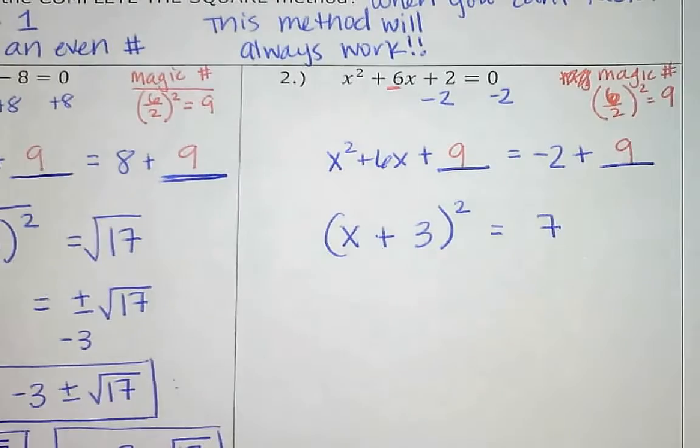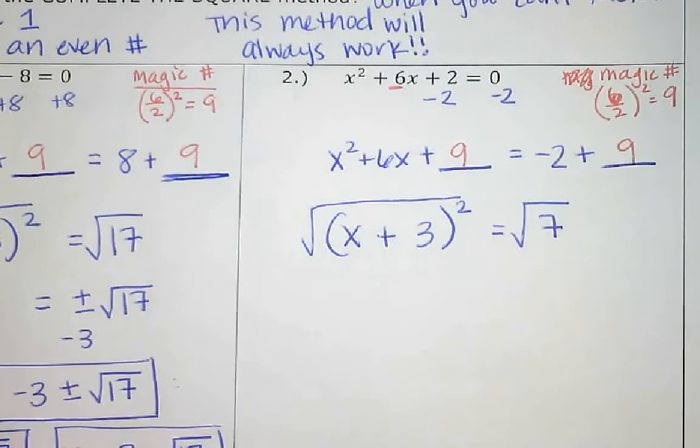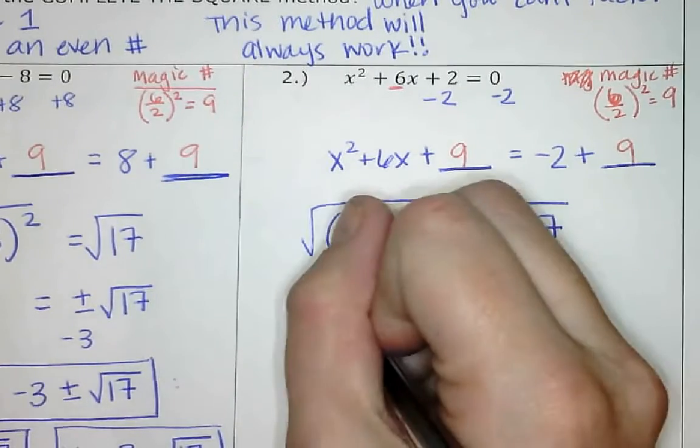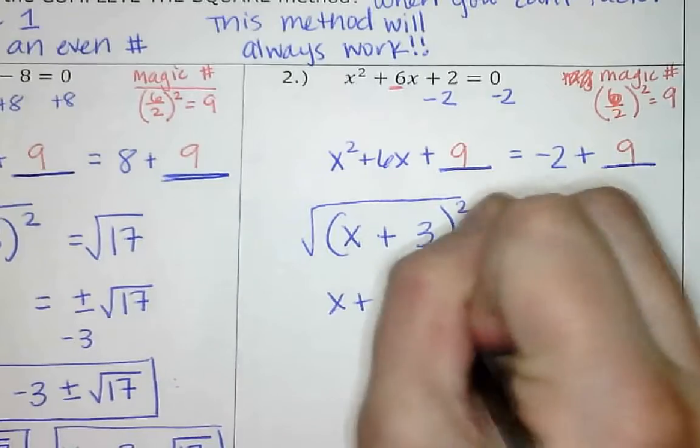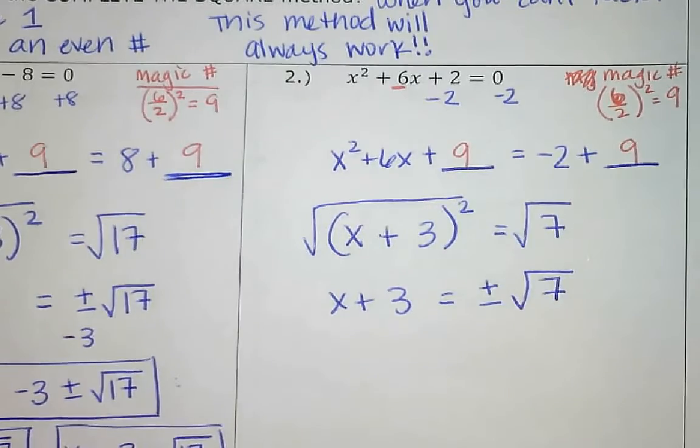Then I'm going to take the square root of both sides, and we have x plus 3 is equal to plus or minus the square root of 7, because 7 is not a perfect square, so we have to leave it as such. Now we are going to subtract 3 from both sides.